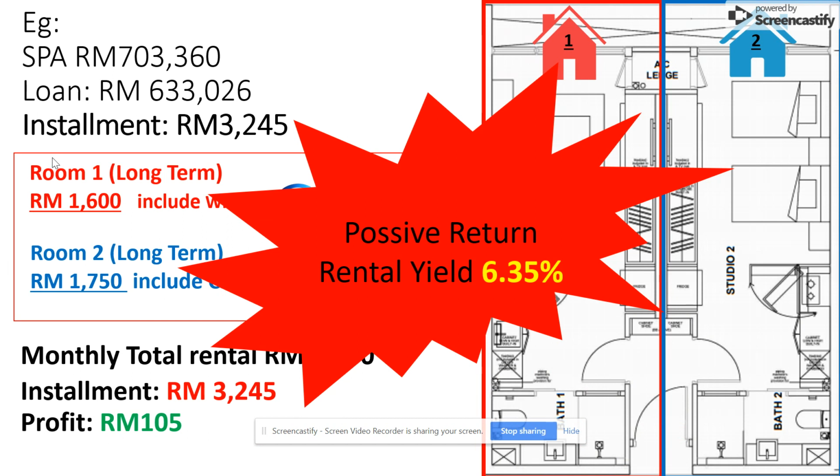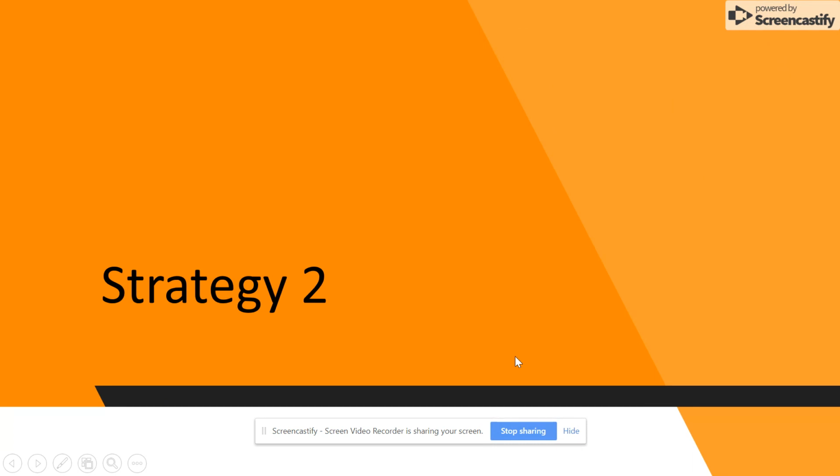By the way, rental yield is a common term used by investors to see the return of the property in terms of rental. The formula is monthly rental times 12 months divided by net purchase price. So if you do the calculation using this property, you're getting 6.35%, which is pretty good compared to the standard 4%.